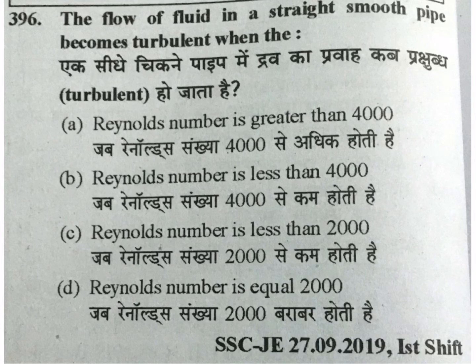Then next question, SSC JE 2019 question: the flow of fluid in a straight smooth pipe becomes turbulent. So turbulent means it is related with a Reynolds number. Flow of fluid in a smooth pipe: Reynolds number below 2000 for smooth pipe, laminar flow.